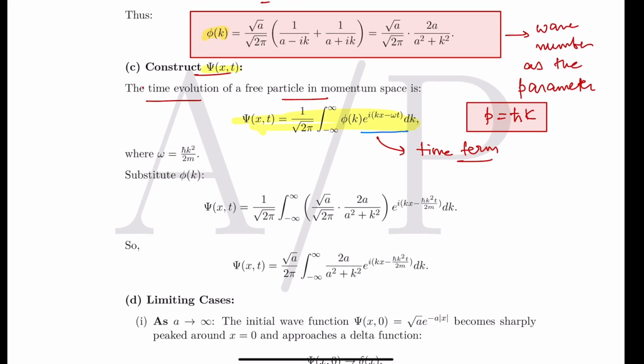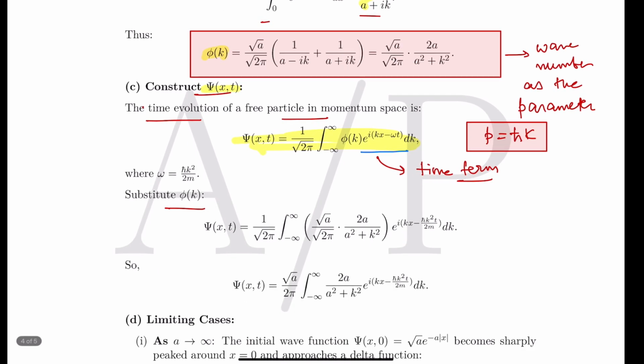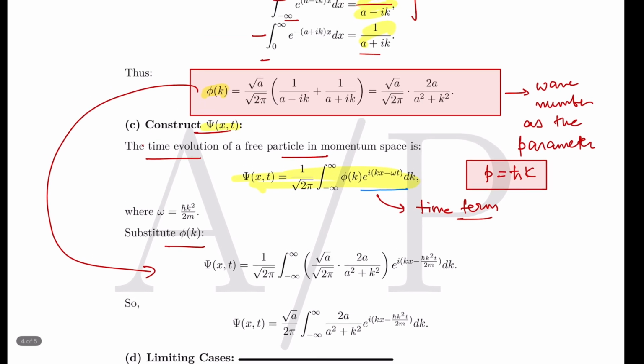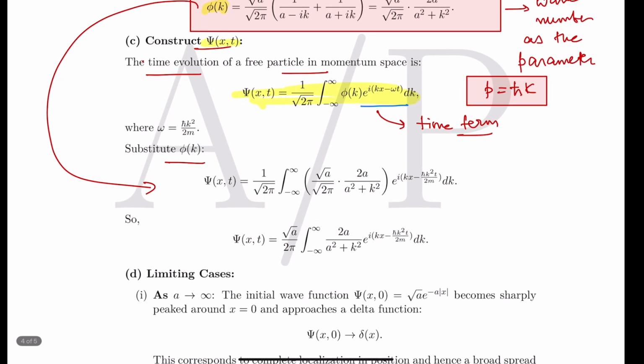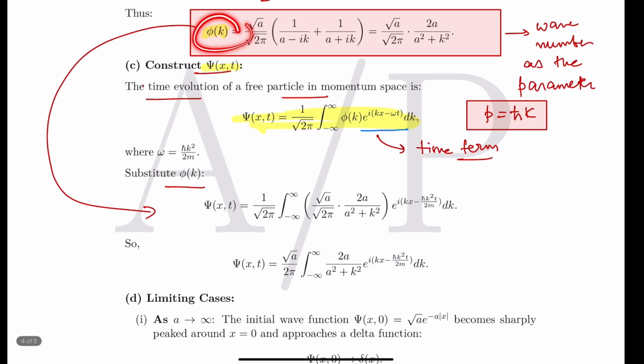Now you are required to get back to the normal position space from the momentum space. So you are going to substitute the value of psi as a function of k, which we have just found here. When you substitute it, it is going to be 1 divided by root 2 pi, and the integration limit is minus infinity to plus infinity.